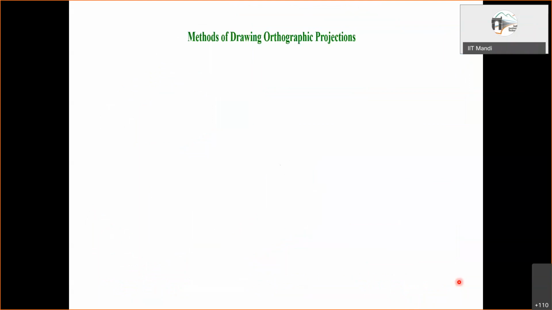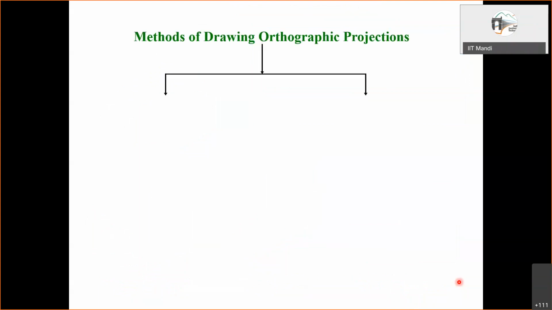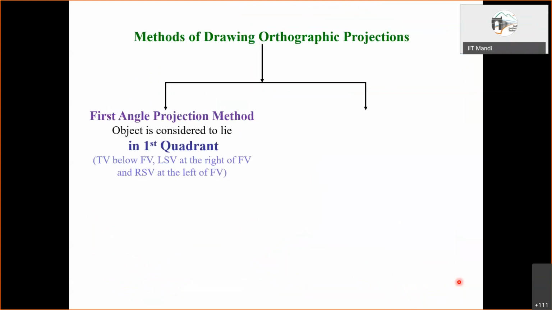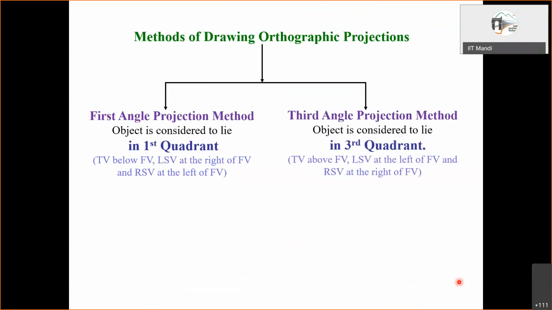Before that, we can have a little bit of comparison. We can follow either the first angle projection method, or the third angle projection method. For the first angle projection method, we assume that the object is placed in the first quadrant. Here it is placed in the third quadrant.